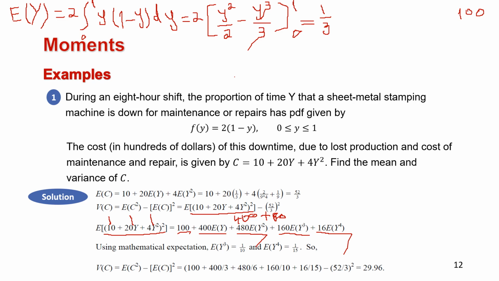I will have 100, and then 400y square, and then 16y to the power 4.